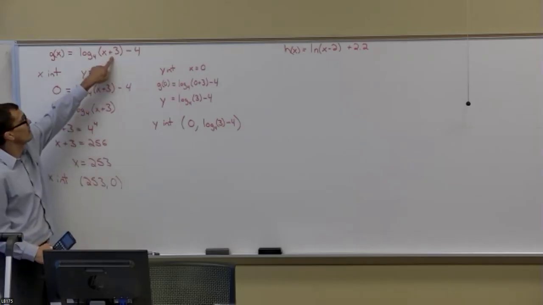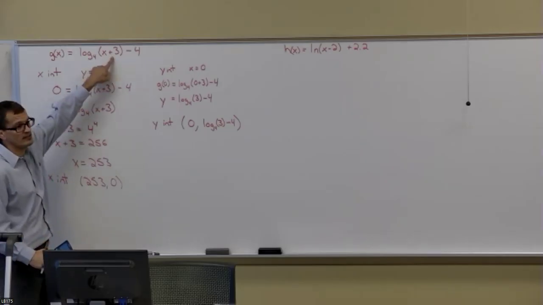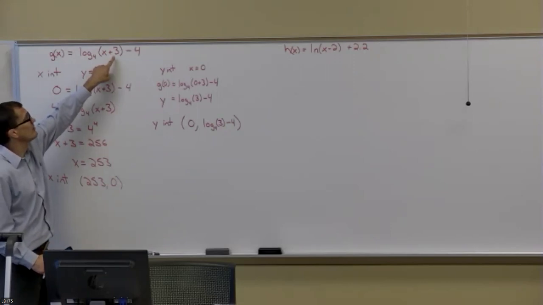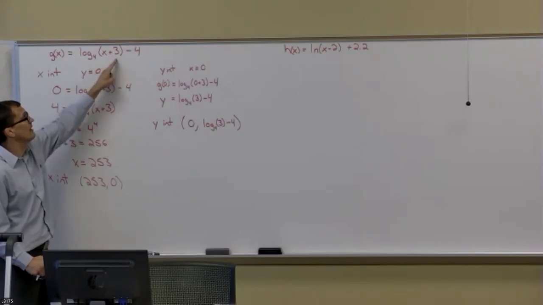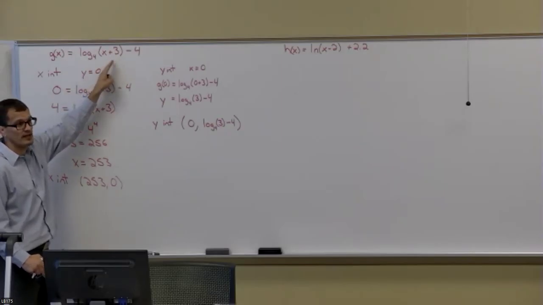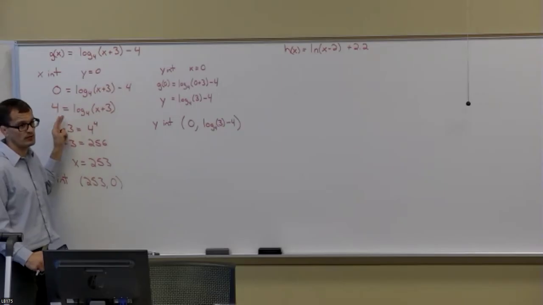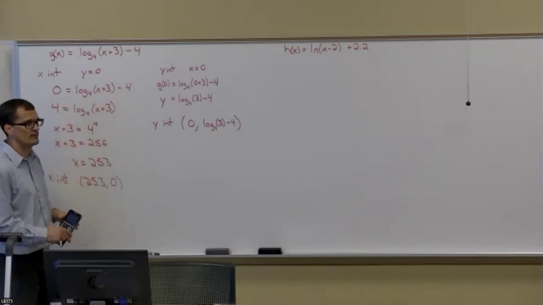By the way, we could have recognized that we were going to get a y-intercept because with this transformation, it's a shift left of 3 units. And if I shift it left 3 units, then I will cross the y-axis.